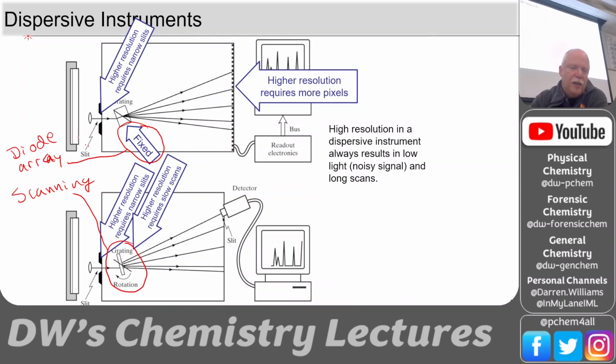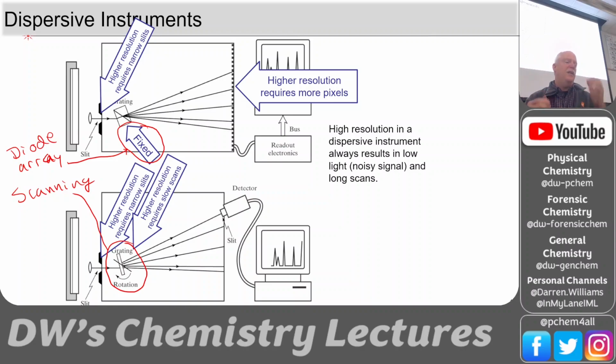Diode array. So a diode array instrument, they've become very cheap because of camera technology. As we've gotten really good at making sensing elements for cameras and making them smaller and smaller, more and more megapixels per square centimeter, then our spectroscopic instruments have gotten really cheap, especially in the visible range, because our camera elements are made to respond to visible light.